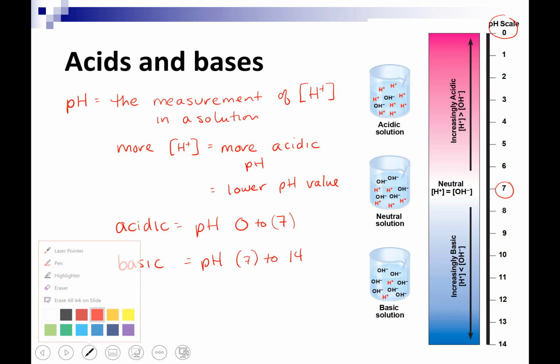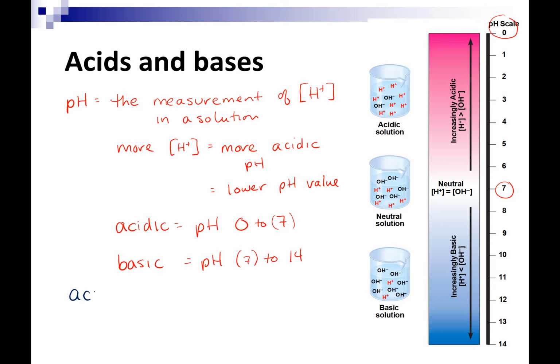And that's because, by definition, an acid is a molecule that donates H plus to a solution. So if you're putting in more H plus, you're going to be more acidic.